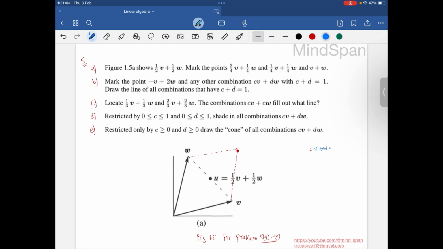Now if you vary this C, now C is from 0 to 1 and D is from 0 to 1. So what kind of space will you get?